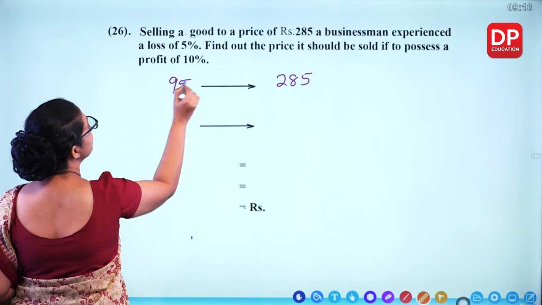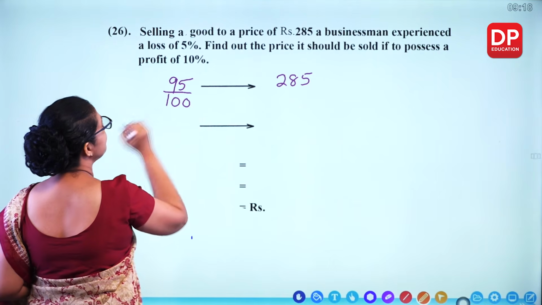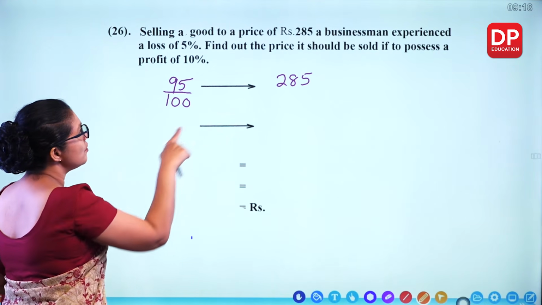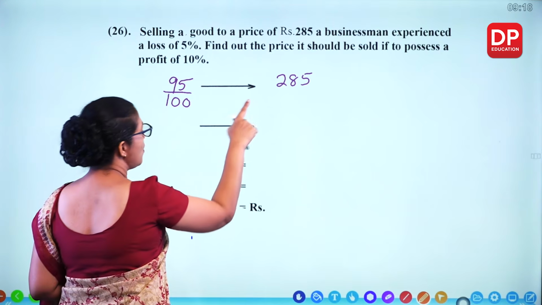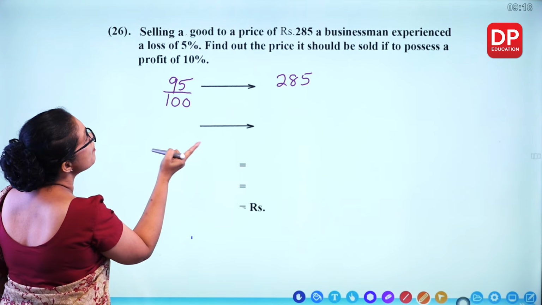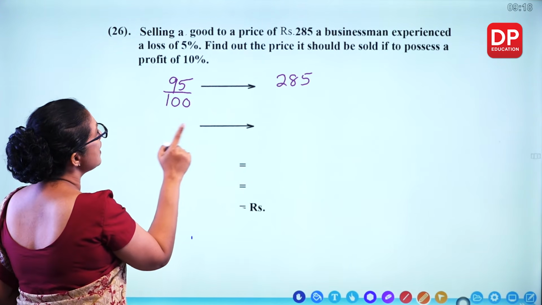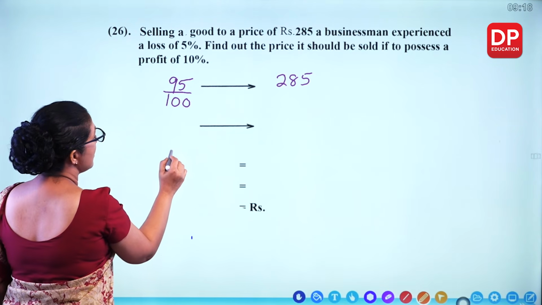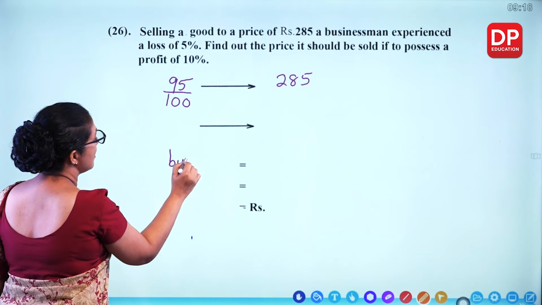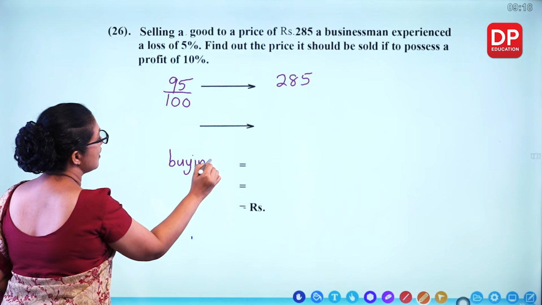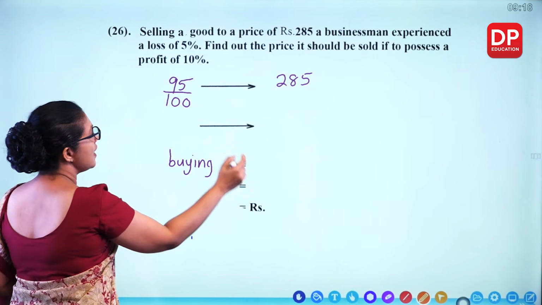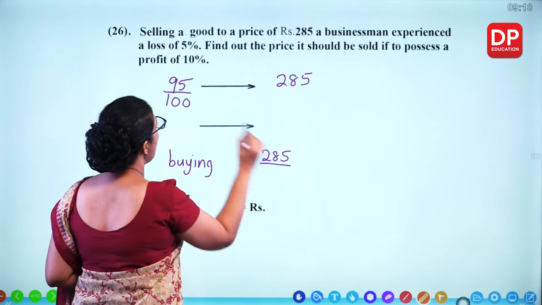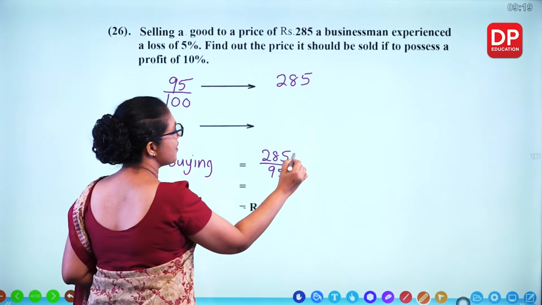So 95% value is this. Now, what's the value? We can find out. So, the buying price should be 285 divided by 95 into 100.